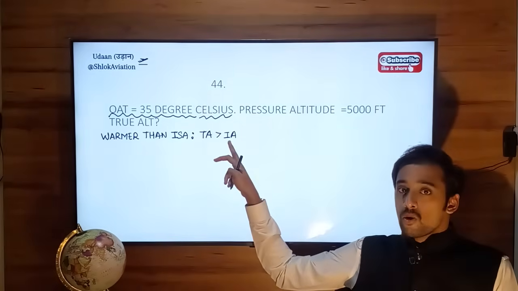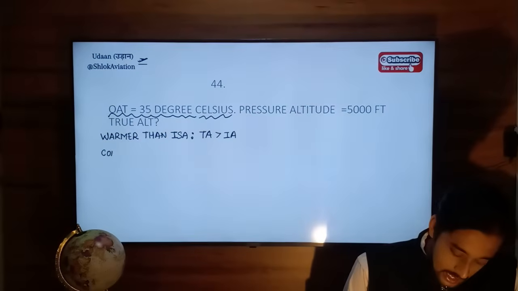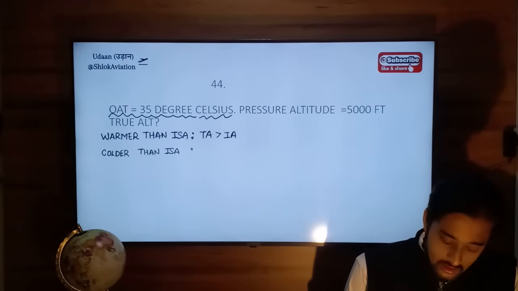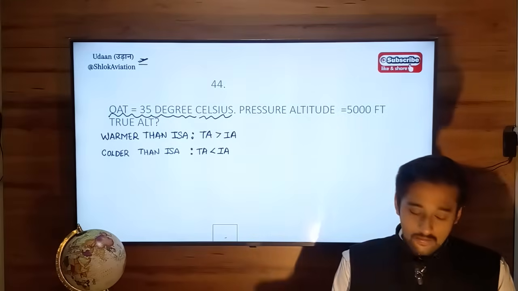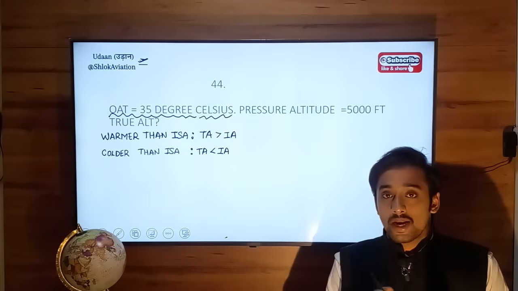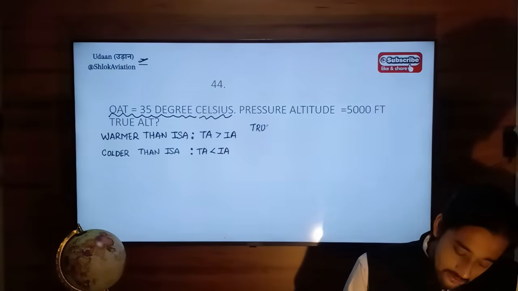True altitude will be more than indicated, which is 5,000. If temperatures are colder than ISA, your true altitude will be less than indicated altitude.